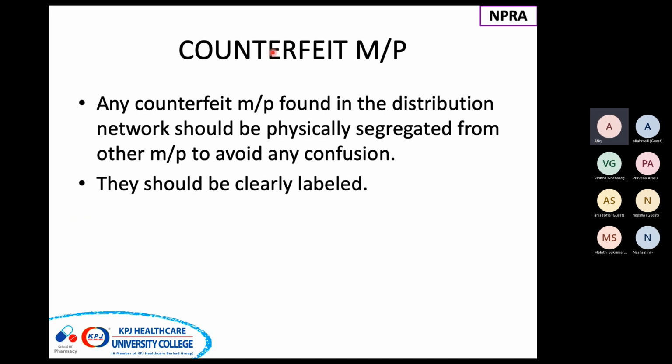And for counterfeit materials and product, if any of these are found in the distribution network, they should be physically segregated from the original or real materials and product, to avoid any confusion, and they must be clearly labeled.